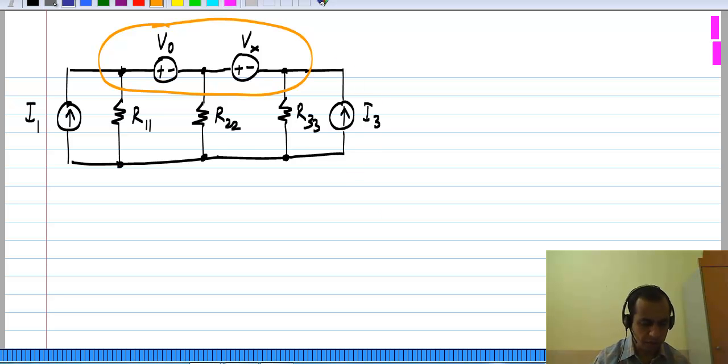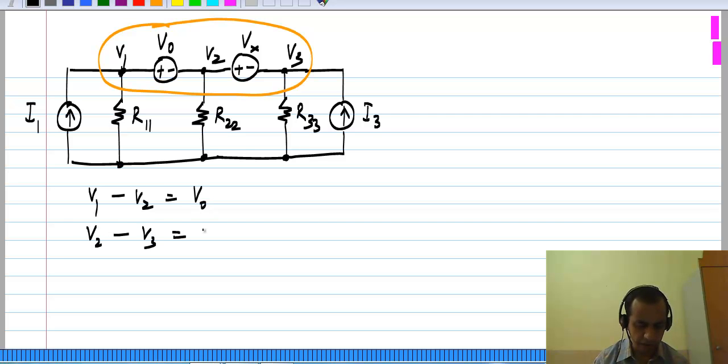And then you have two more equations. So if this is V1, V2 and V3, you know that V1 minus V2 is V0 and V2 minus V3 is Vx. So if you combine three nodes into a supernode, you will lose two equations. But of course, you will have two constraints from voltage sources, and that will take care of it.